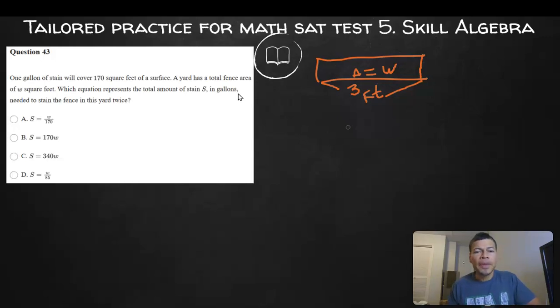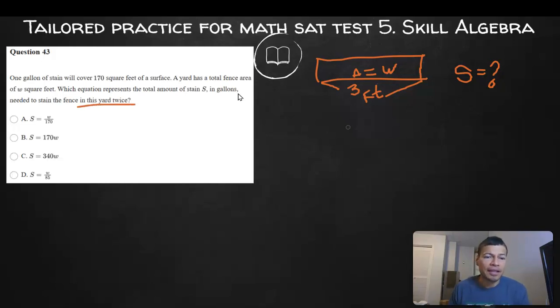So I'm going to put the 3 feet here so I know the unit, because this is 1 yard of this surface.